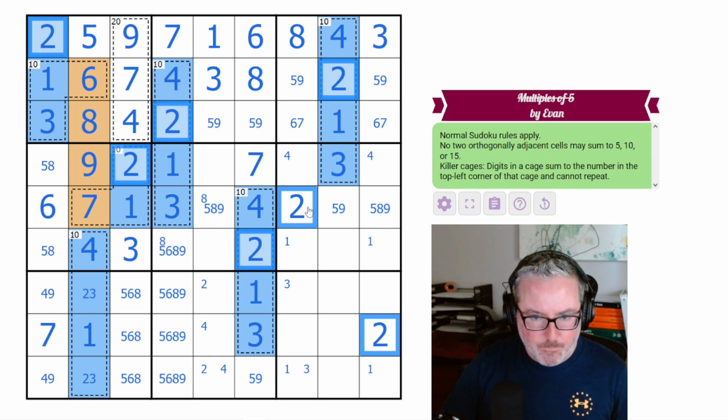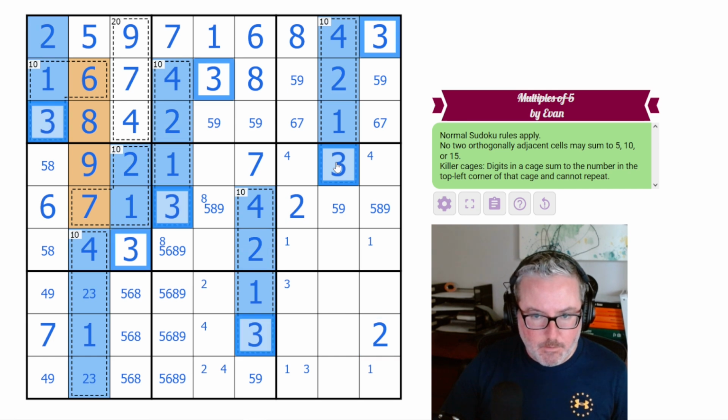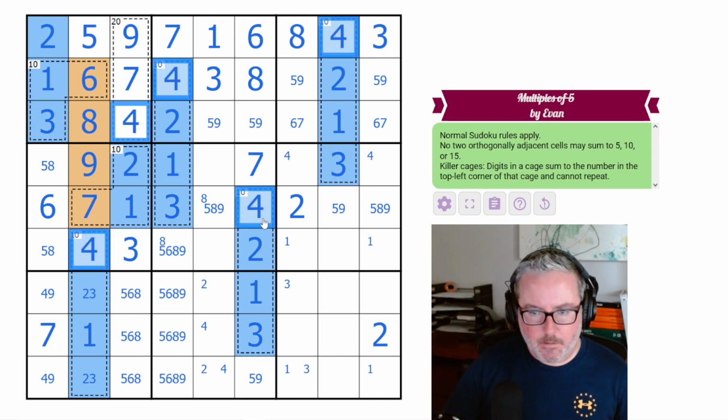The 2s, we have an X-wing left over. 3s, another set of X-wings. Okay, just again looking to see if there's anything in these sets of digits that I'm not picking up that I should be.